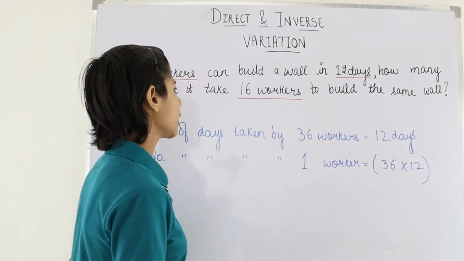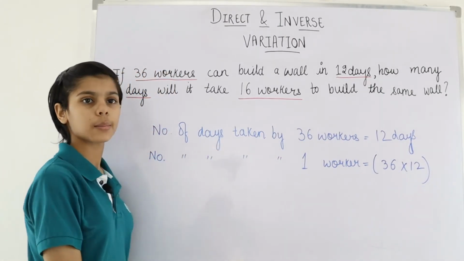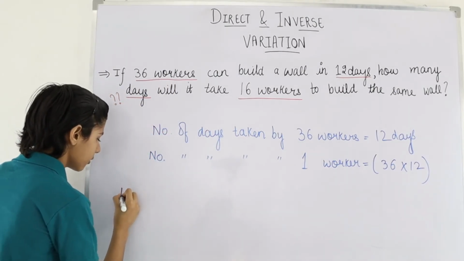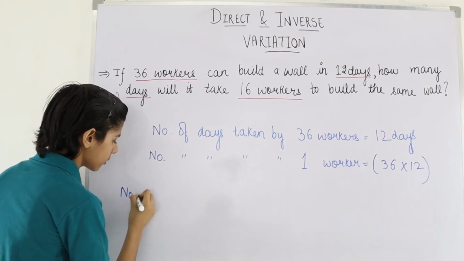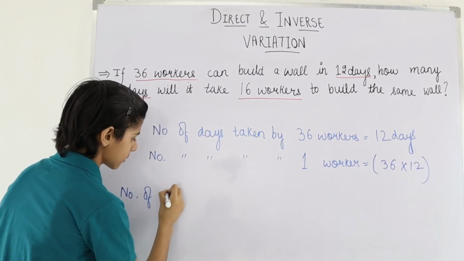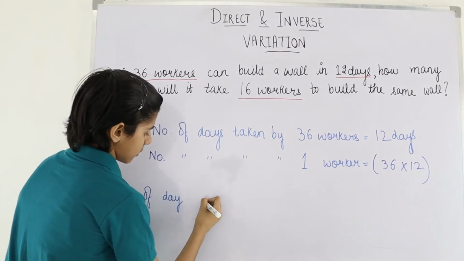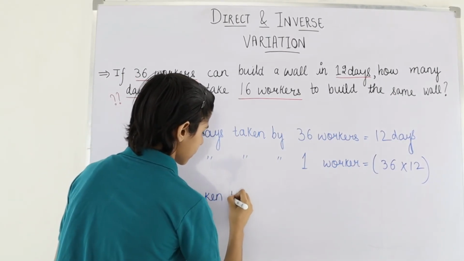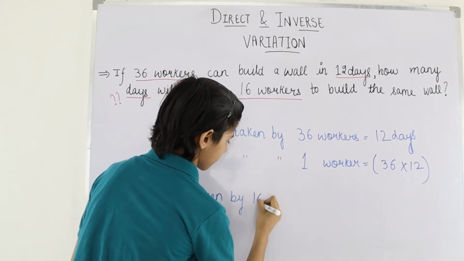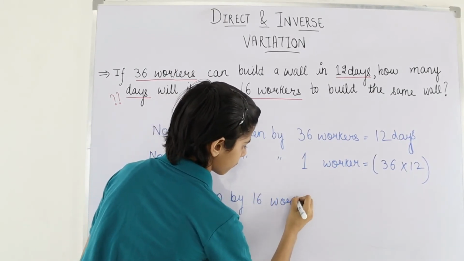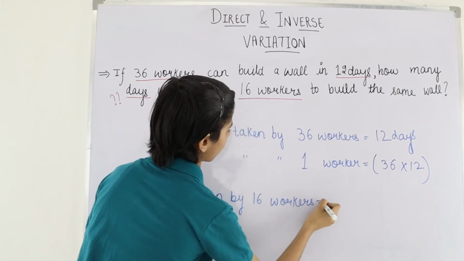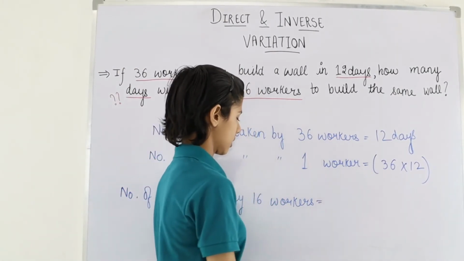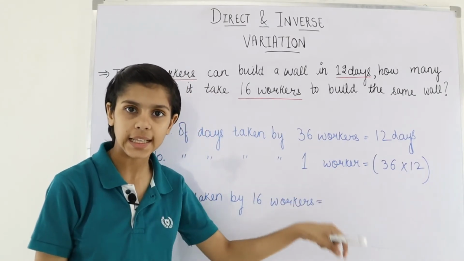And now we have to take out how many days will be taken by 16 to build the wall. So we will write here also number of days taken by 16 workers. Now here also it is clear that as compared to one worker, 16 workers will take less time.